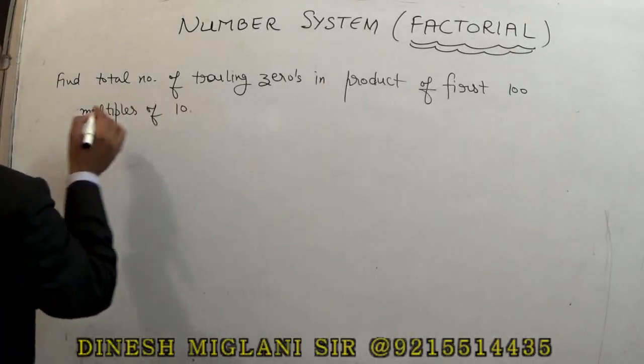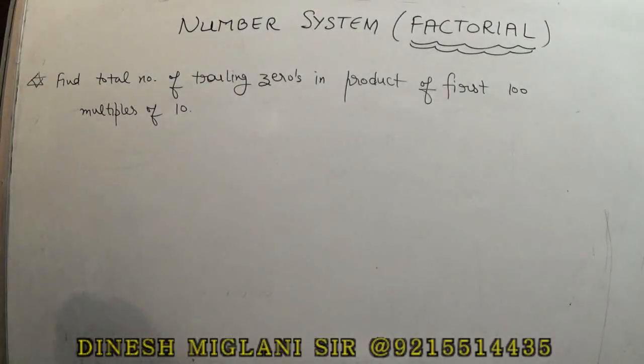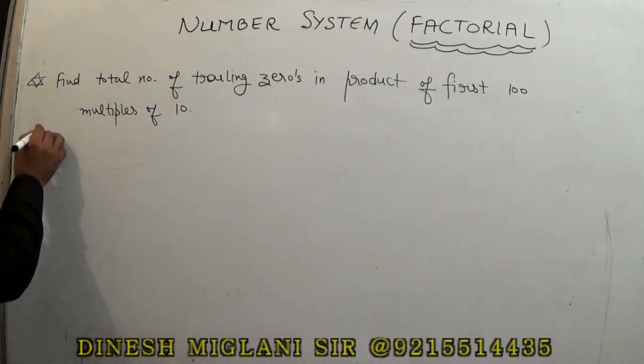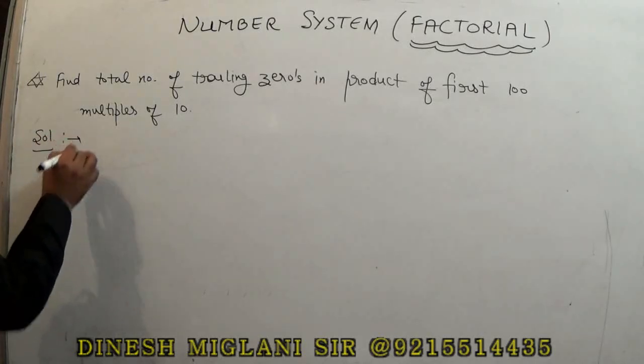The question is, we have to find the total number of trailing zeros in the product of the first 100 multiples of 10. First we start to understand what it means.